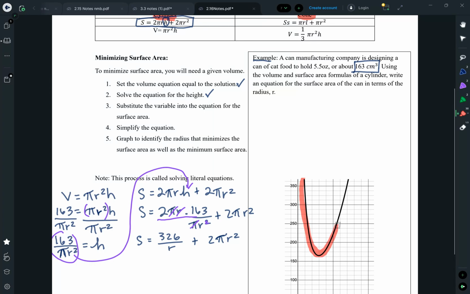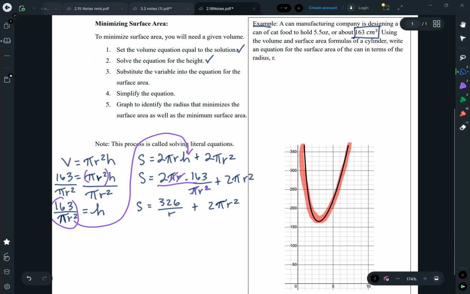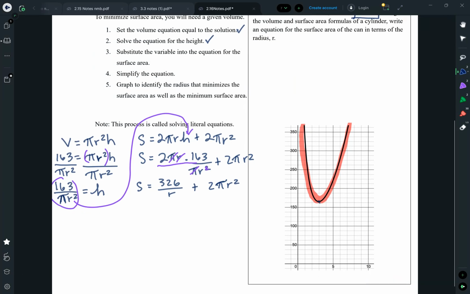So when we're looking at minimizing our surface area, we're looking at this point right here. And in class, we decided that was about 165, which was our minimum surface area.